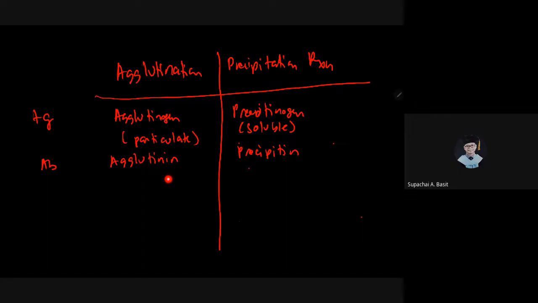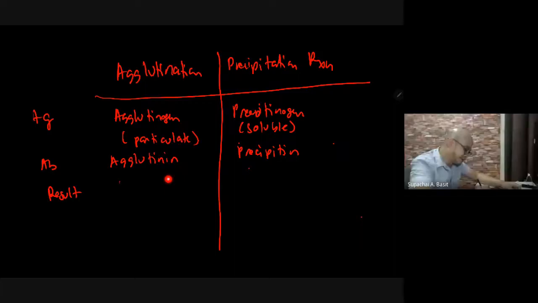Okay, so if you notice, no, agglutination involves particulate antigen and antibody reaction. In precipitation, it involves soluble antigen and antibody reaction. Therefore, the result here would be what?